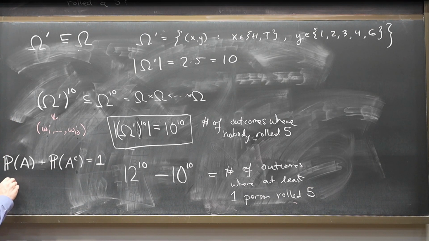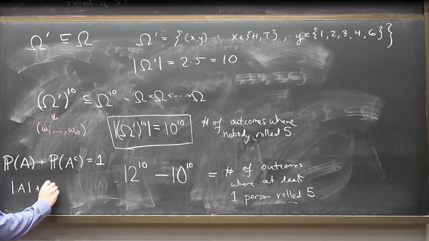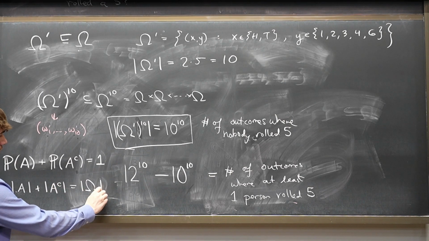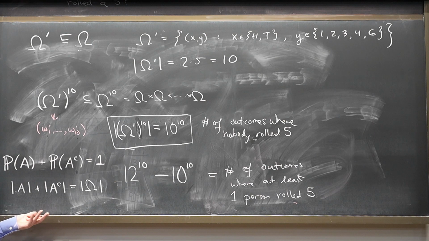Or in general, the cardinality of a set A and the cardinality of its complement add up to the cardinality of the whole space, all right?